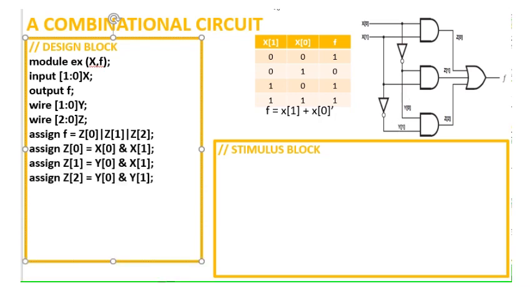So next is y of 0 and y of 1. If you see the logic diagram, y of 0 is not of x of 0 and y of 1 is not of x of 1.